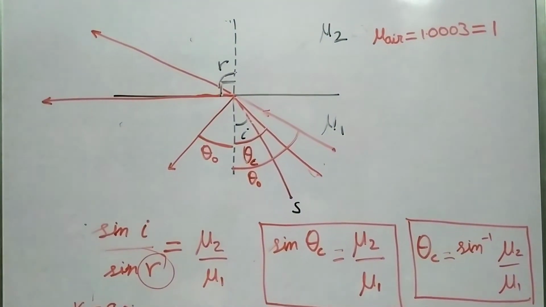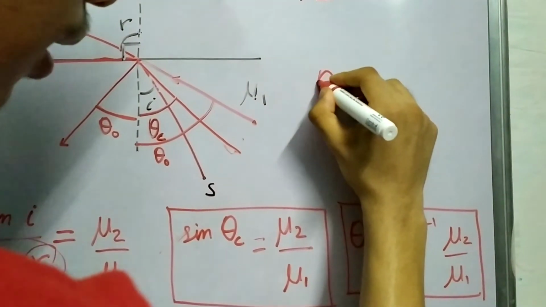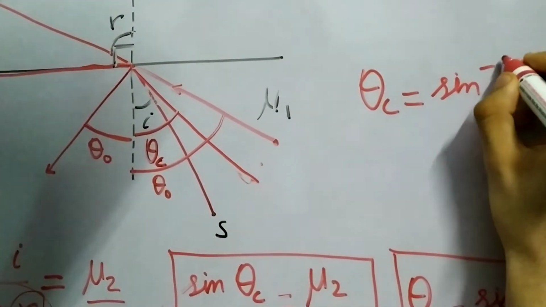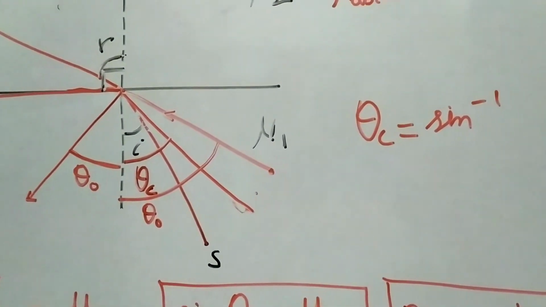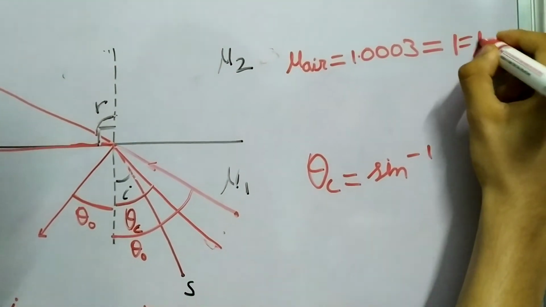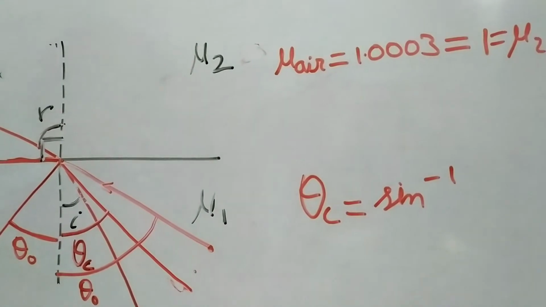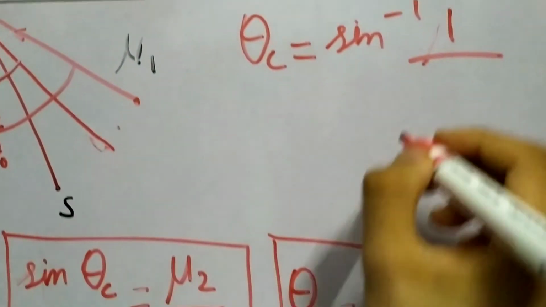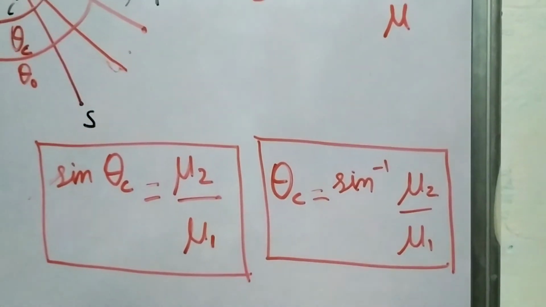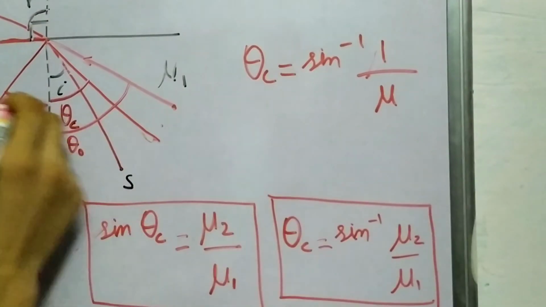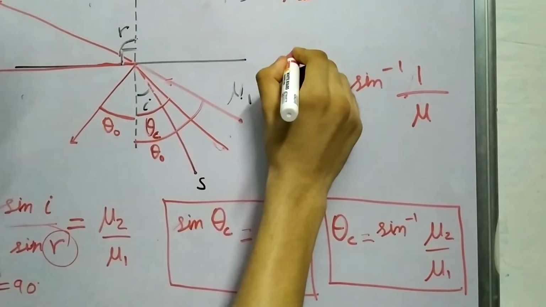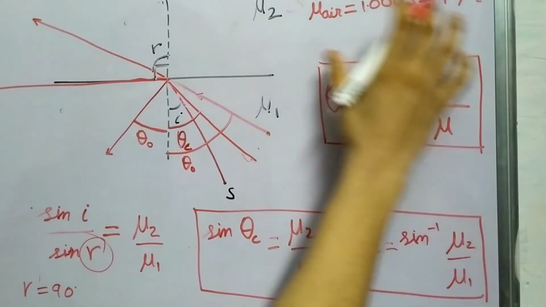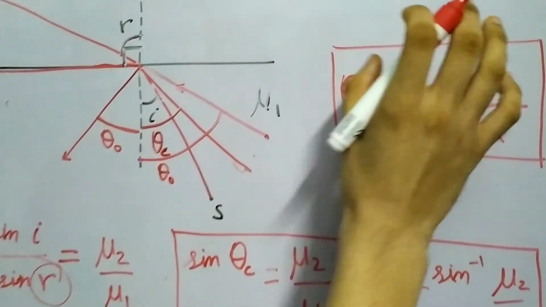So we can say in most cases that theta c, the critical angle, is sine inverse of 1 by mu1. There is no need of writing 1 and 2 here, it is the refractive index of the denser medium. So for many cases, this might be considered as the equation for critical angle.